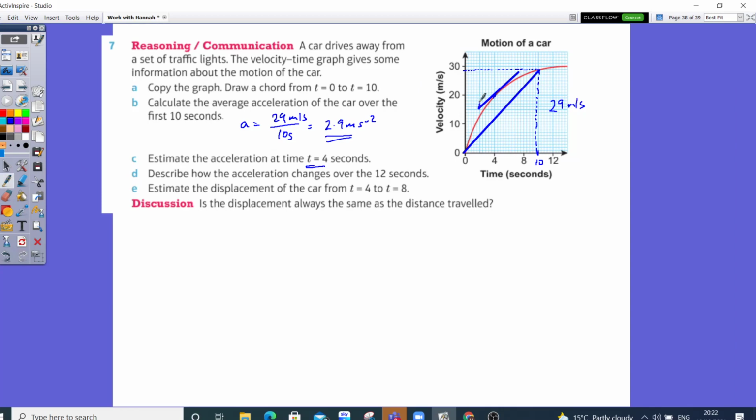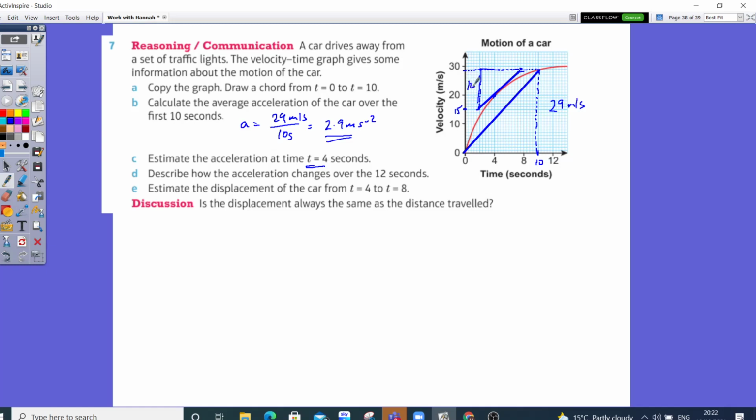If I went up from here, just drawing this, and I go along here and here. So I've gone from 15 seconds all the way up to 29.